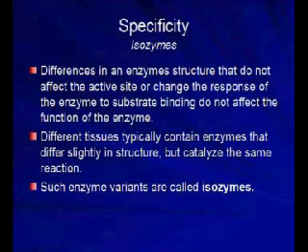Differences in an enzyme structure that do not affect the active site or change the response of the enzyme to substrate binding do not affect the function of the enzyme. Different tissues typically contain enzymes that differ slightly in structure but catalyze the same reaction. Such enzyme variants are referred to as isoenzymes.